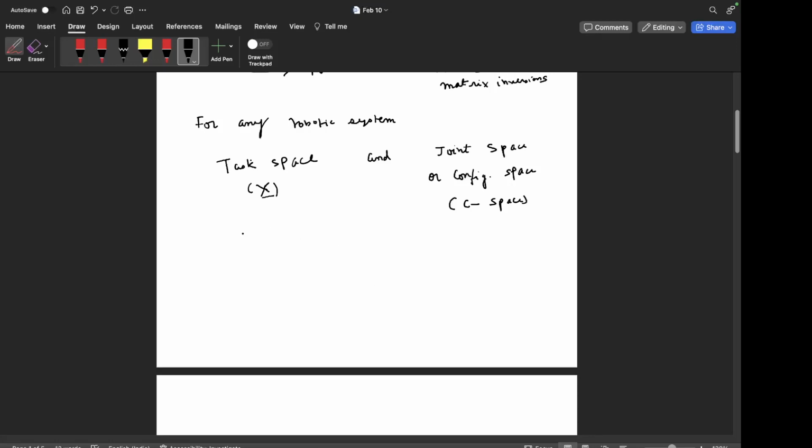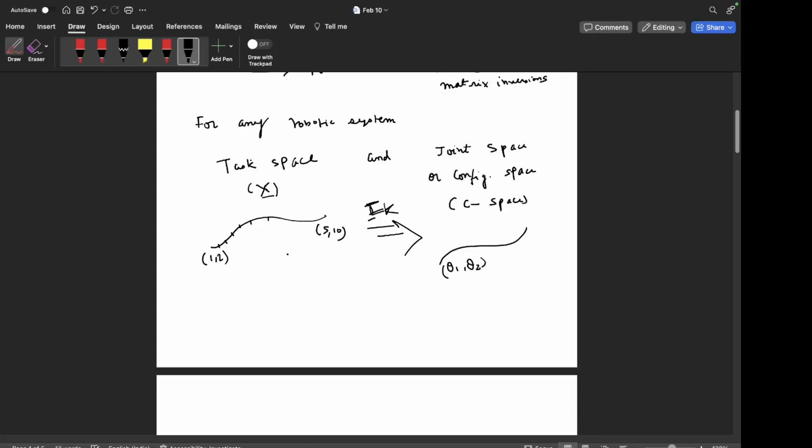We give Cartesian trajectories for the end effector. Let's say we want to move in a 2D plane from point (1, 2) to (5, 10), and at equal intervals we specify these xy positions to form a trajectory. This is the task space description, and from here, using inverse kinematics, we go to a sequence of theta 1 and theta 2.